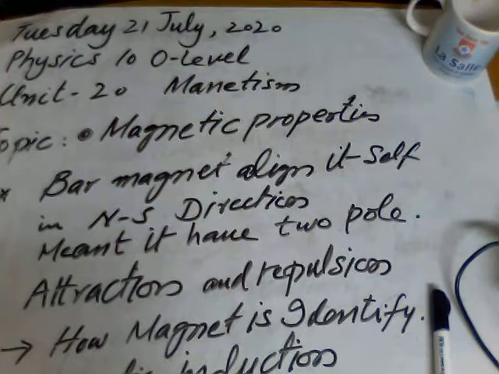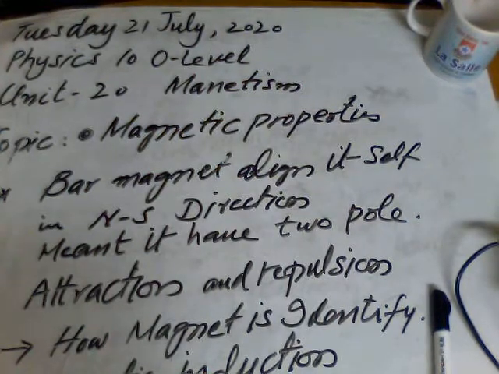When we allow a bar magnet to stay free in air with the help of a thread or string, it naturally aligns itself in the direction of north and south. The side of the magnet which directs toward the north of the earth is the south of the magnet, and the south of the earth is the north of the magnet.